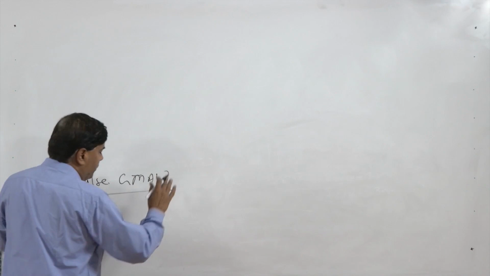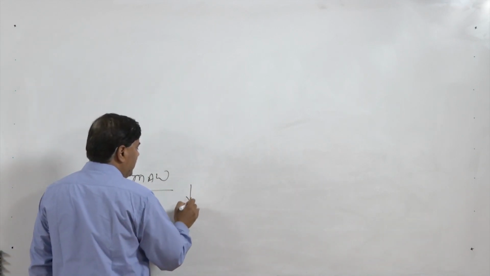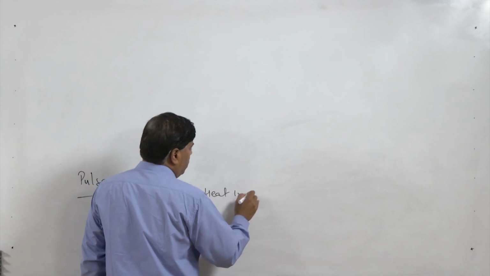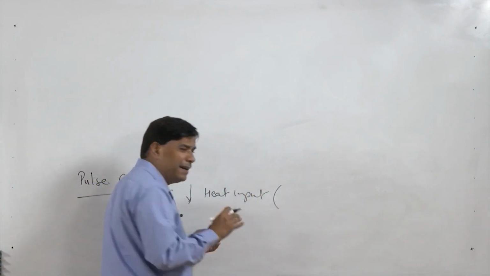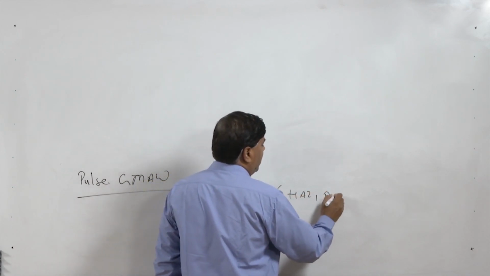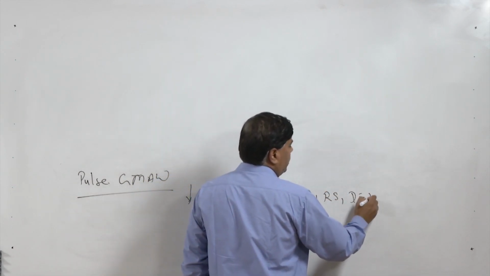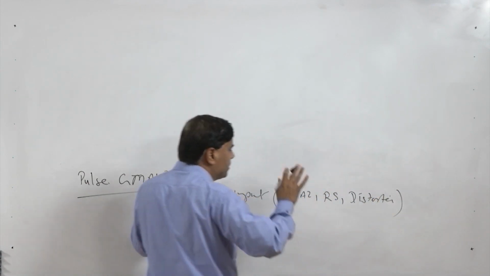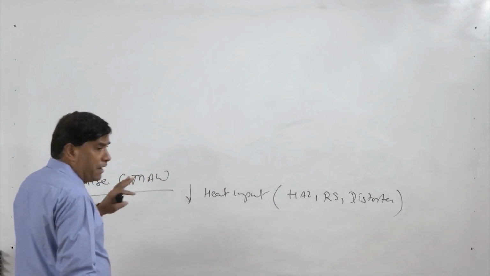The purpose is to reduce the heat input to the workpiece so that the related adverse effects in terms of the heat affected zone, residual stresses, distortion, unfavorable metallurgical transformation, all that can be reduced. That is the main purpose.